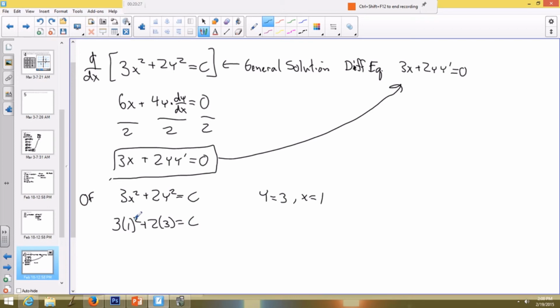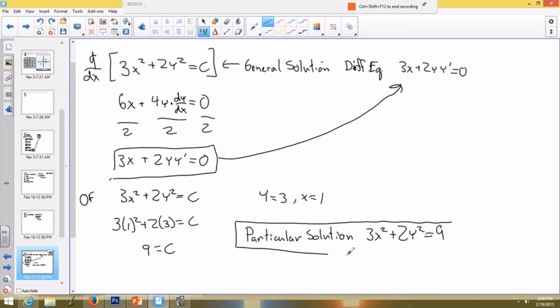So 1 squared is 1 times 3 is 3 plus 6 is 9. That equals c. So my particular solution is just the general solution with the constant filled in. So 3x squared plus 2y squared equals 9. And that is our particular solution.